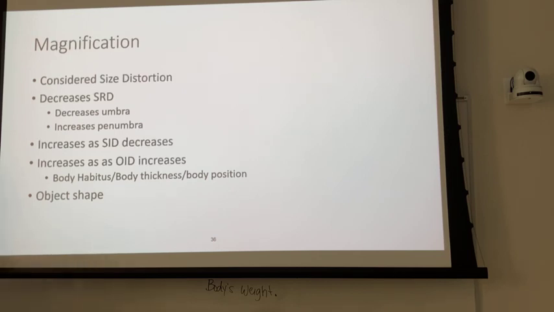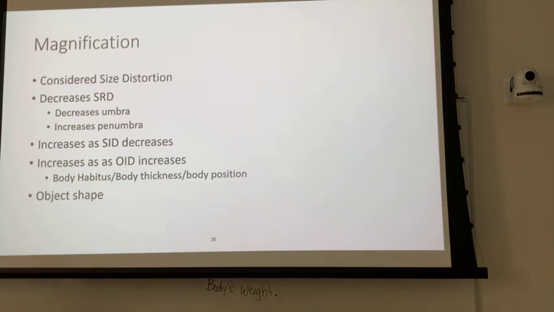Somebody who's hypersthenic, it's going to be at an increased distance. So maintaining that 72 inches is important on everybody, but more important on hypersthenic patients, because with an increase in body habitus from asthenic to hypersthenic, you get an increase in OID, and it becomes more important to increase your SID in order to compensate for that.